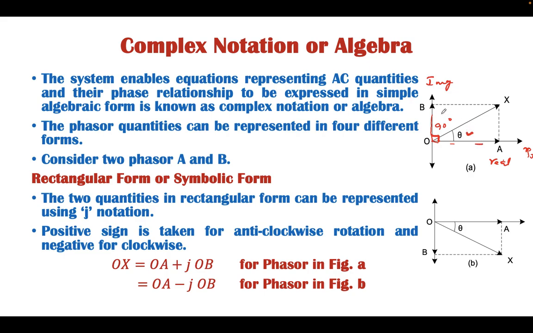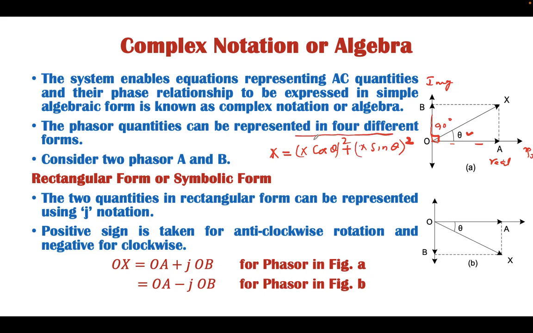Resolving this component along the x-axis and y-axis, we can represent this quantity as x is equal to x cos of theta plus x sin of theta, and this is the square of the quantity.